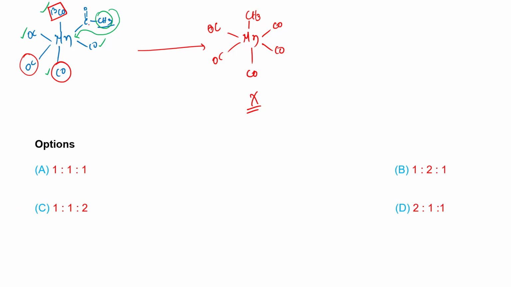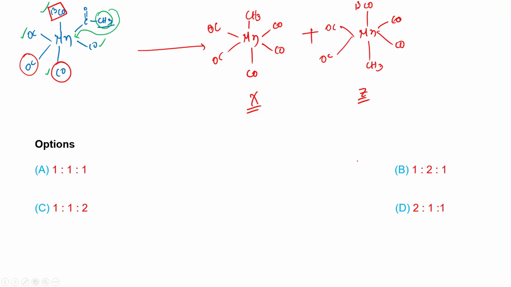It is also cis to this acyl group. What will happen? Now here the carbonyl having 13C and the CH3 group are trans to each other. So this is the compound Z. Okay, so we found the compounds X and Z. Now we have to find the compound Y.